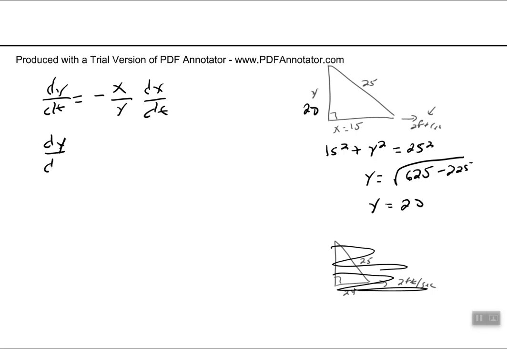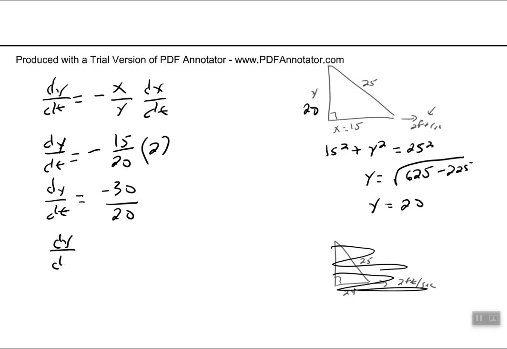dy/dt is equal to negative 15 over 20 times 2. Well, we know negative 15 over 20 can be simplified, or let's just go ahead and multiply. It may be a little bit easier to see. Negative 30 over 20, if we multiply 15 times 2, and then simplify that to negative 3 over 2.